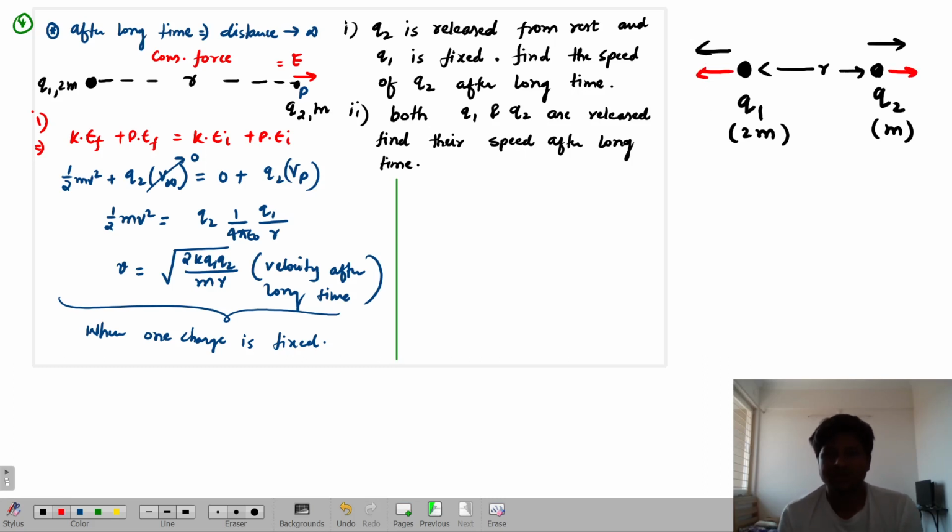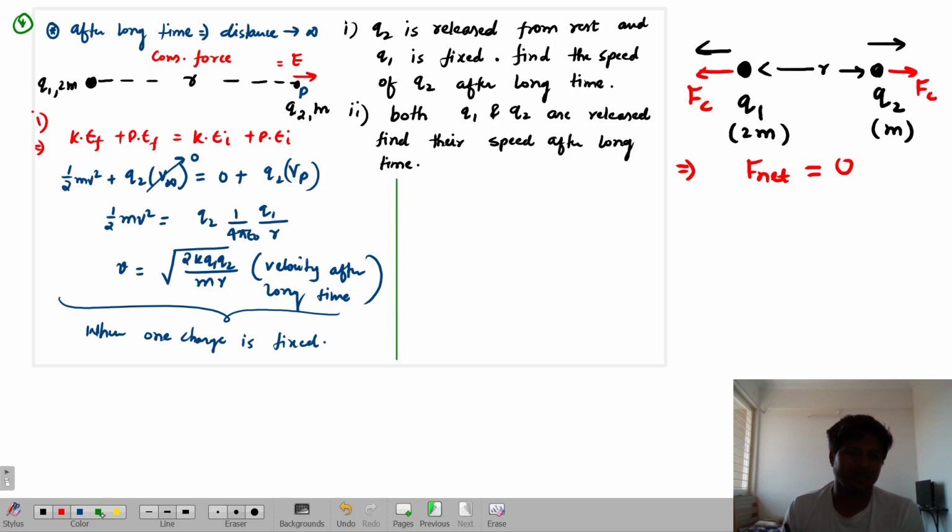Now look over here. First thing you need to remember is that they are moving due to this impulsive force, which is called the Coulomb force. But although the Coulomb force is throwing them out, the net force on the system is zero.